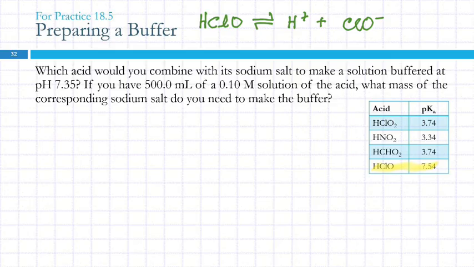This is the conjugate base, but that can't just be by itself. It has to have a counter ion. So that's what this is saying here. We're going to use the sodium salt. So this with a counter ion of sodium. Sodium hypochlorite.